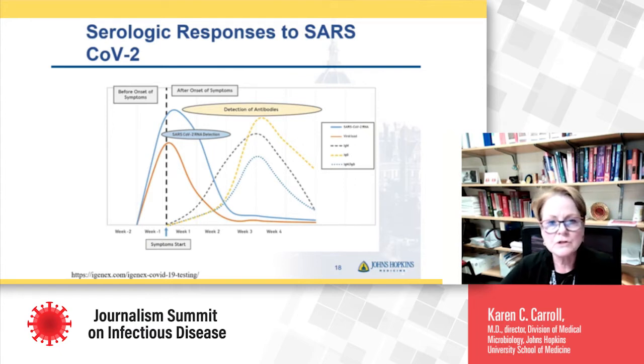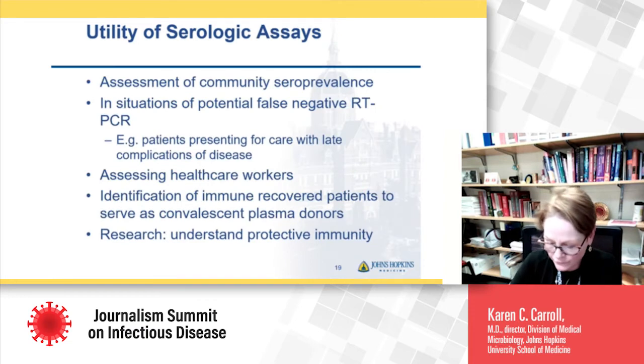And then you can see in terms of antibodies, the host begins to respond to the virus within the first week of symptoms, and usually by week 2, we have a robust IgM and IgG response. So the antibody tests are useful really during that second week of illness.